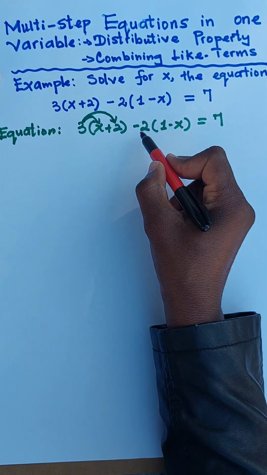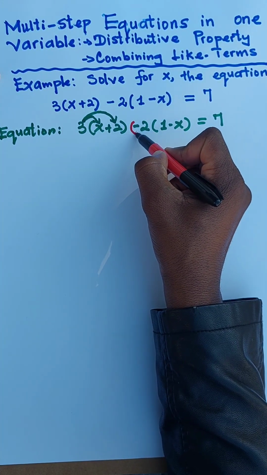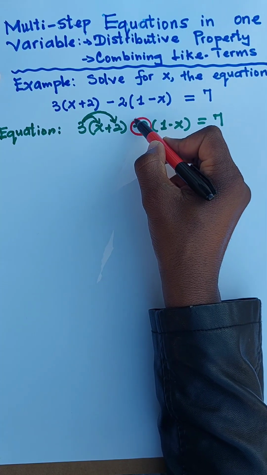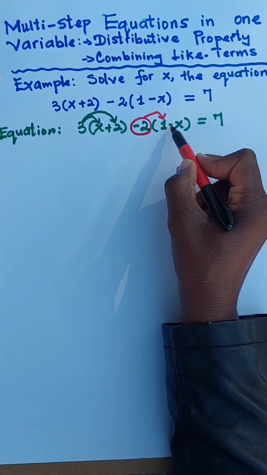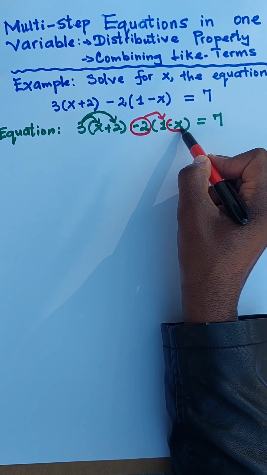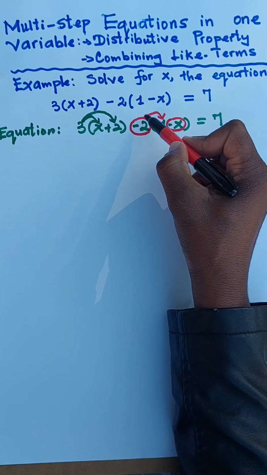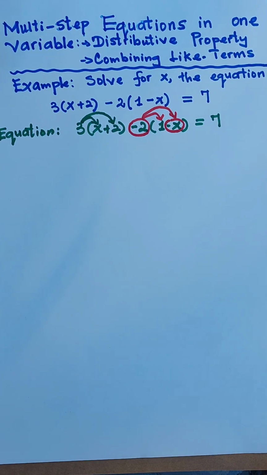No, this number that is sitting here is negative 2. So this negative 2 will multiply this number 1, and there is no minus sign idling here. This term here is a negative x term. Okay, that negative 2 will multiply that negative x term.